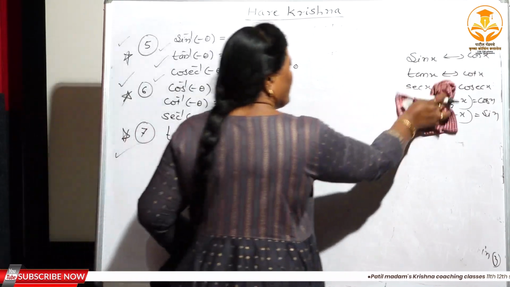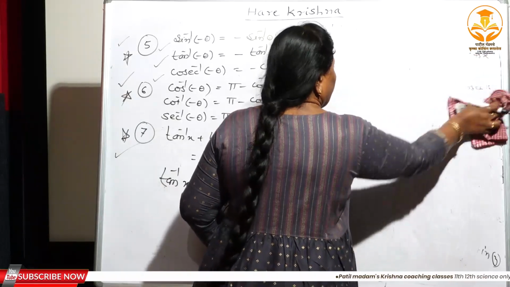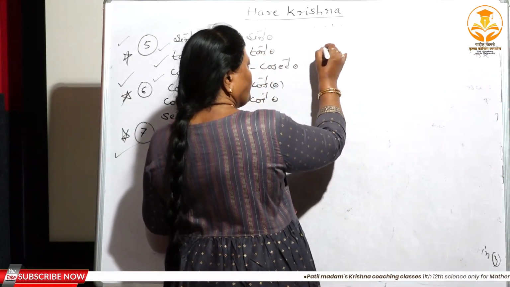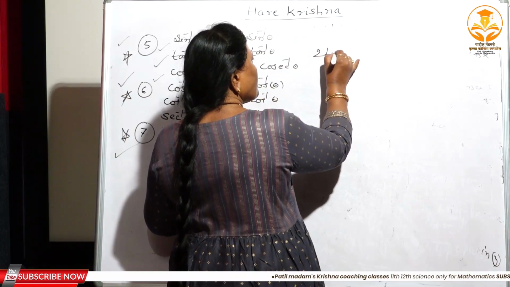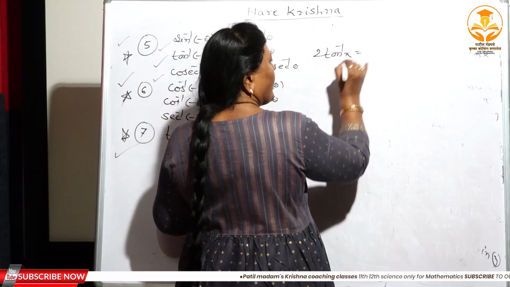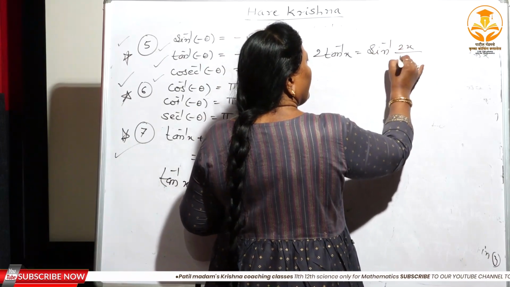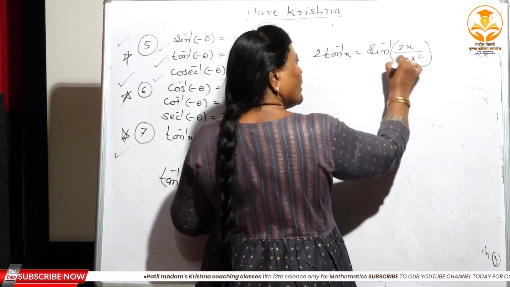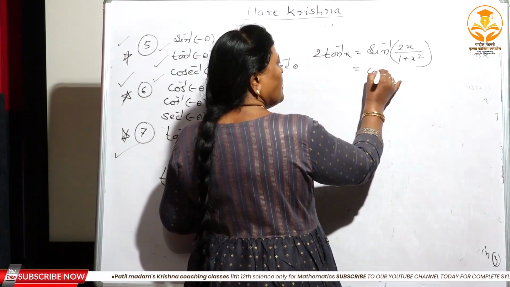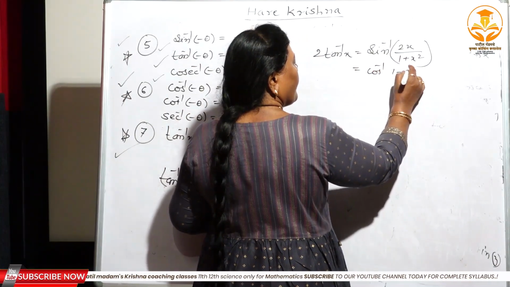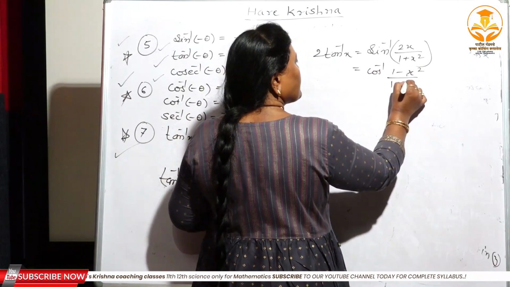And the eighth one, it is not so important, but remember this, that is 2 tan inverse of x. We can write as the three formulas: sine inverse of 2x divided by 1 plus x square. We can prove also this, that is cos inverse of 1 minus x square divided by 1 plus x square.